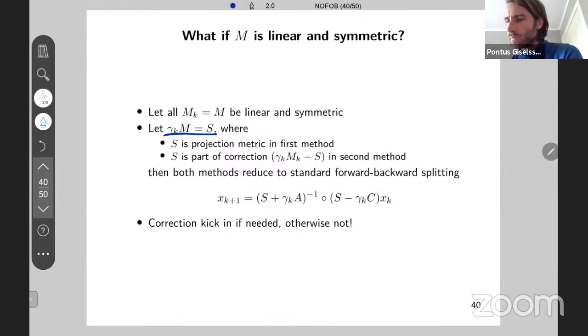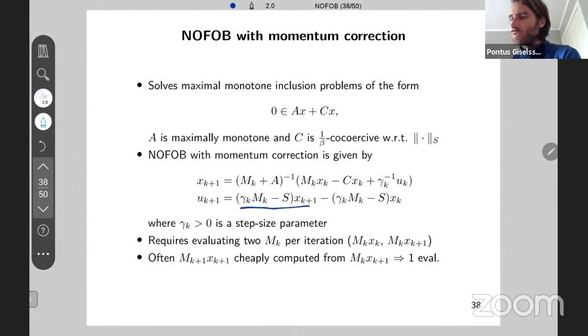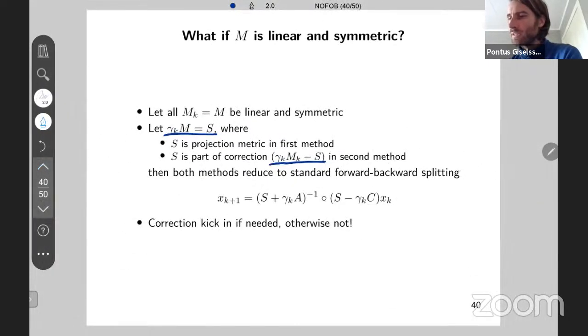And if we look at the momentum correction method, we had this UK term that involves two terms that multiply this operator. So with this choice of gamma km, UK is equal to 0 for the momentum method. So in both of these methods, it's easiest to see in the momentum method, but for the projection method it's actually the same, the resulting method will actually be just a standard forward-backward splitting method.